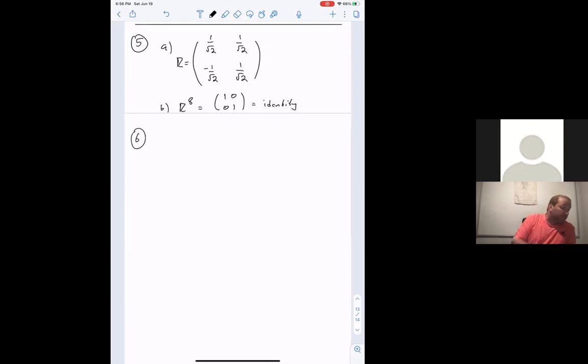Question 6. Find the area of the triangle with vertices (0, 5), (4, 5), and (2, 7).